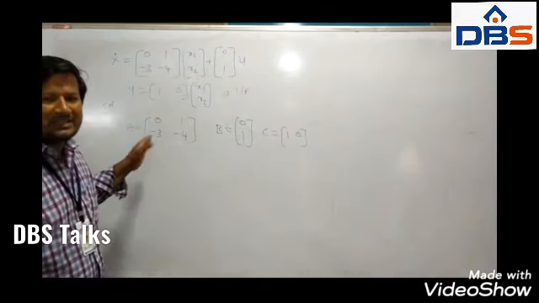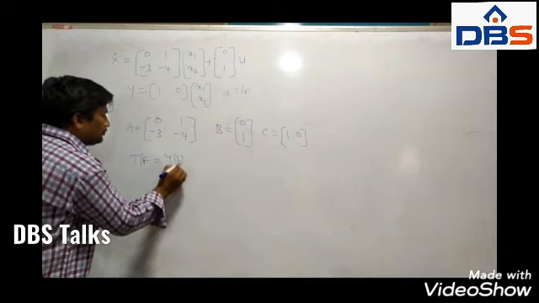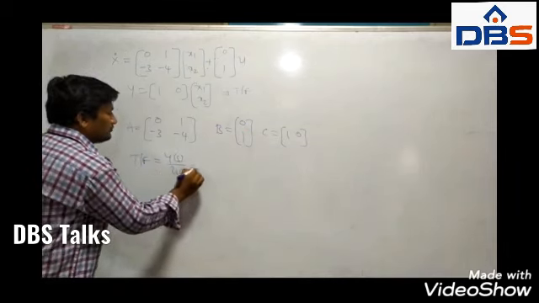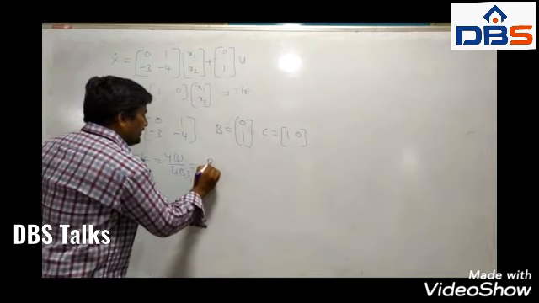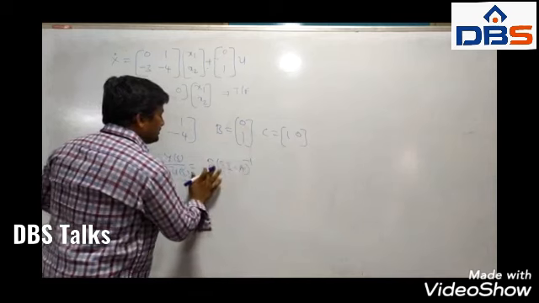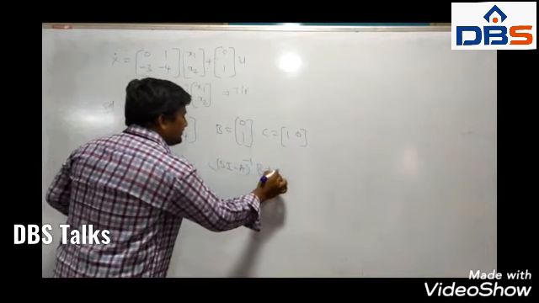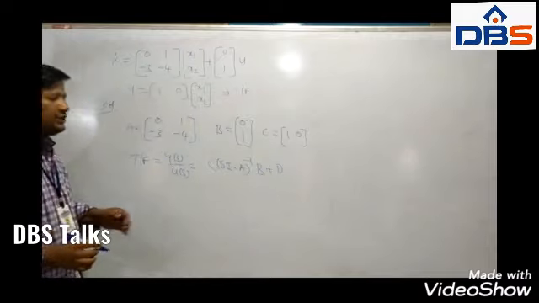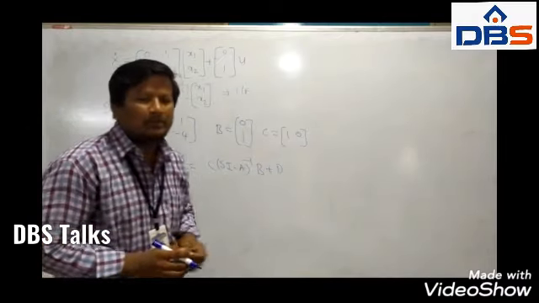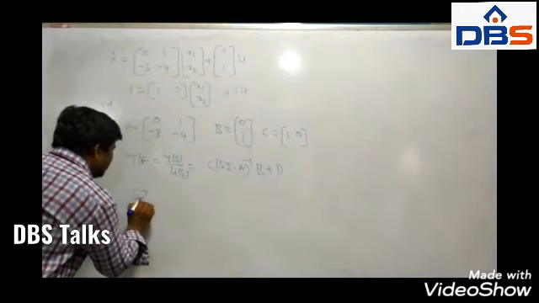We know the transfer function formula: Y of s by U of s equal to C into (sI minus A) inverse into B plus D. Now we go for (sI minus A).